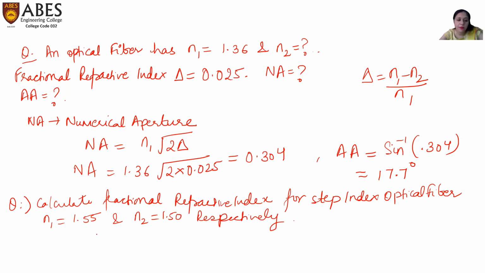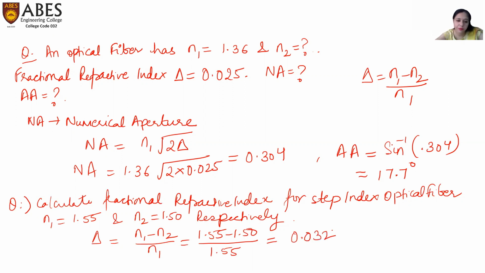So we know that fractional refractive index is given by n1 minus n2 by n1. So it will be 1.55 minus 1.450 by 1.55. So this will come out to be 0.032. So we have done three formulas till now: one is numerical aperture, another is acceptance angle, and the third one is fractional refractive index.